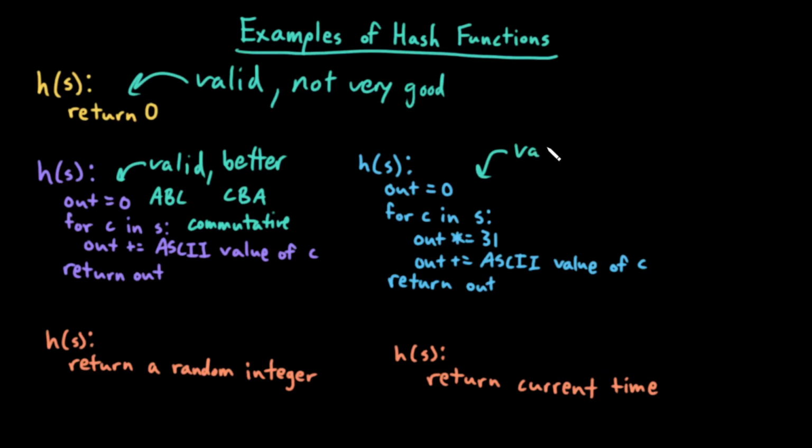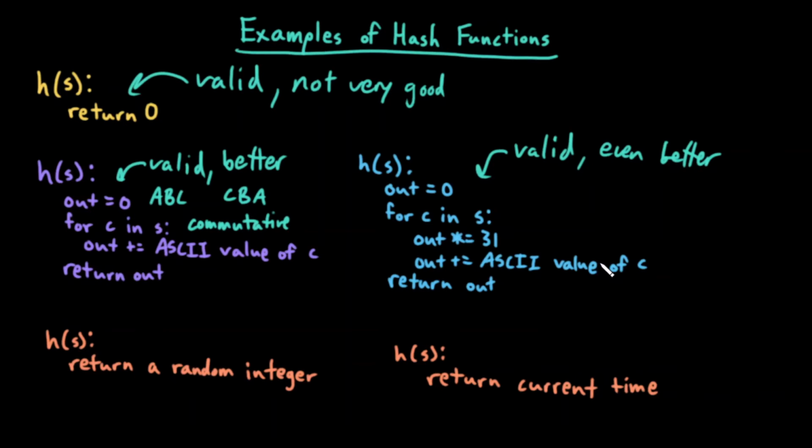So again, this is a valid hash function, because if I gave it the same string twice, it would go over the exact same characters in the exact same order. This would return the exact same hash value. And it's even better than this hash function, because if I give it two different words with the exact same letters but shuffled around, this will in general give me different hash values.